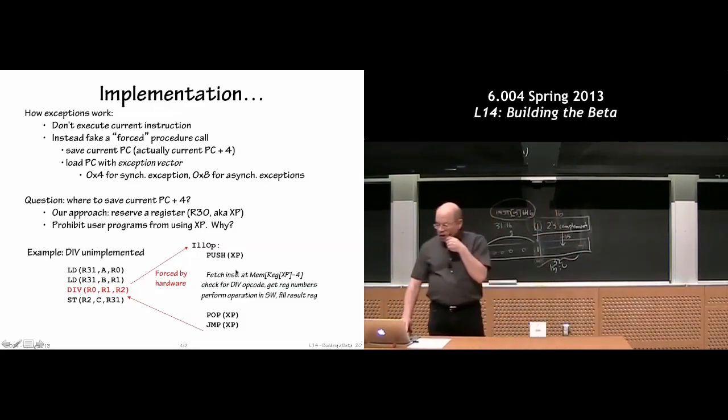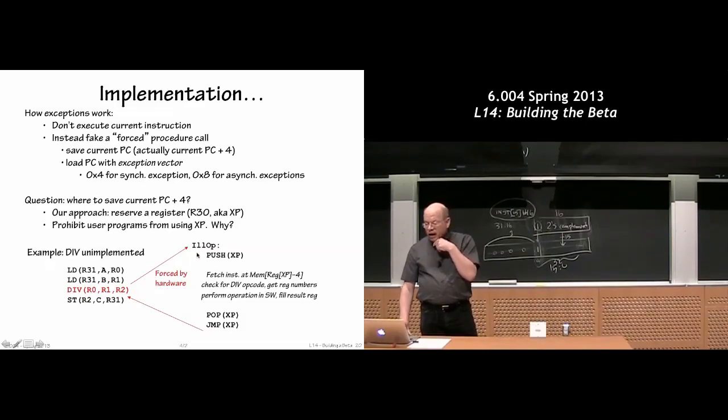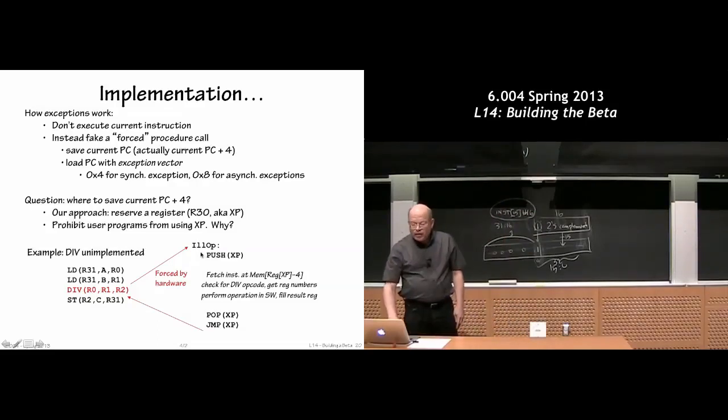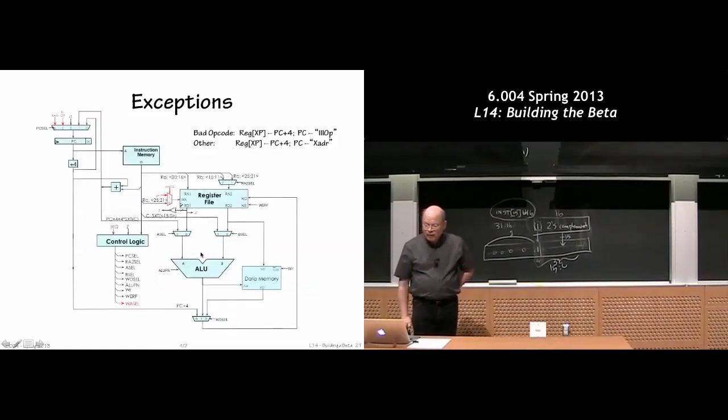I'm going to go off to this illegal operation handler, and I'm going to basically stop. I'm not going to execute this instruction, and instead I'm going to do a forced procedure call, which is just like a forced branch, where I'm going to save PC plus 4 into the XP register, and then force the PC to the address of the special code that deals with the exception.